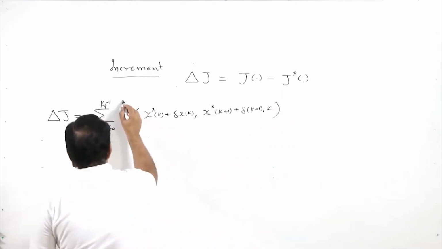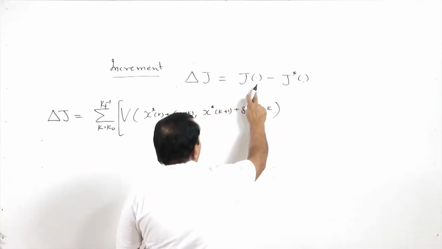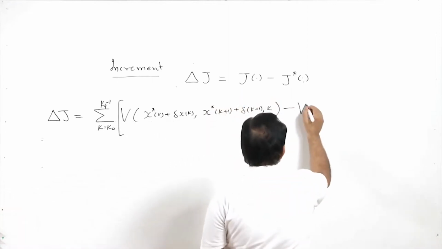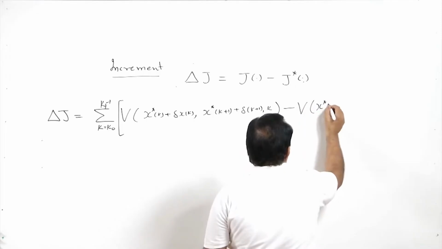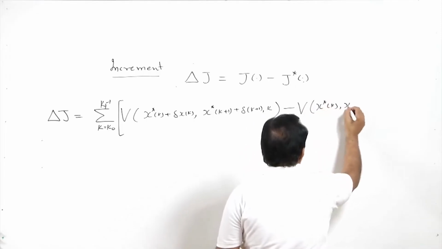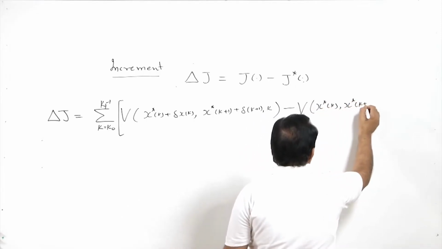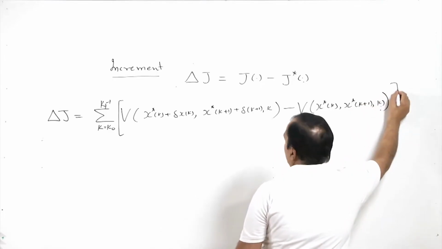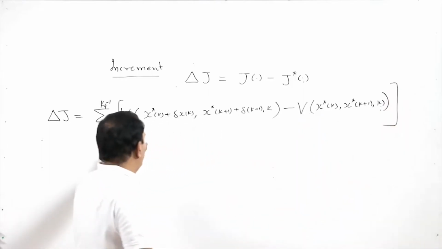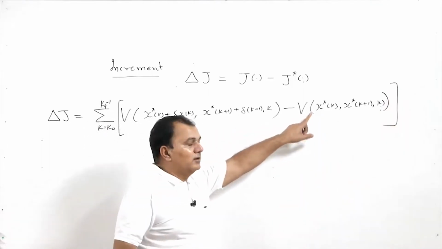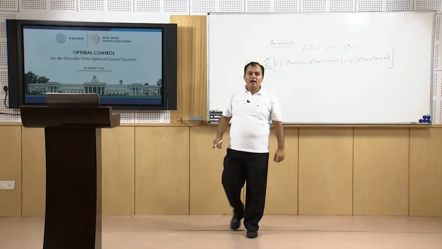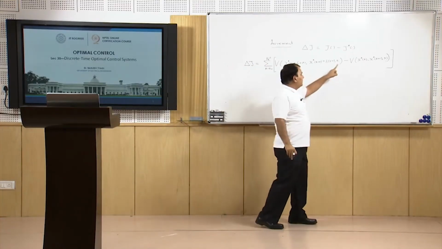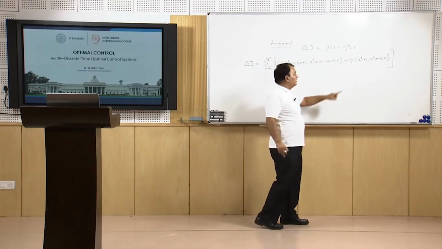So, we can say my j minus j star is nothing but sigma of v of x star of k plus 1, k minus v at x star, and this we can expand using the Taylor series.